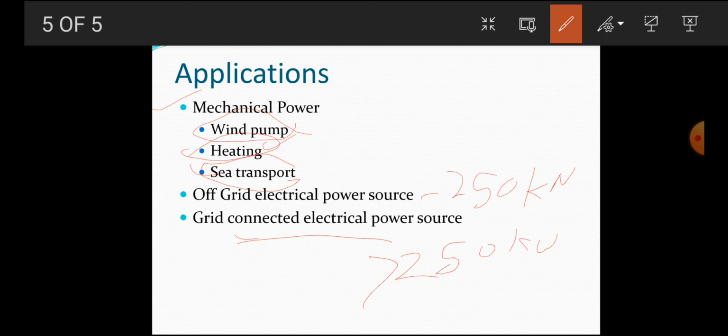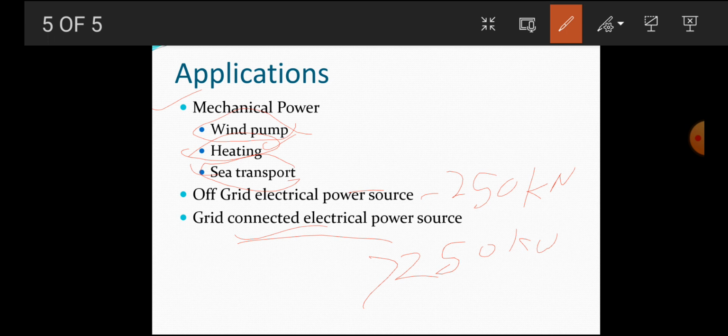So that is grid connected, where high power is generated, and off grid you can use where low power is generated. So these are the main applications of wind energy conversion system or wind turbine.